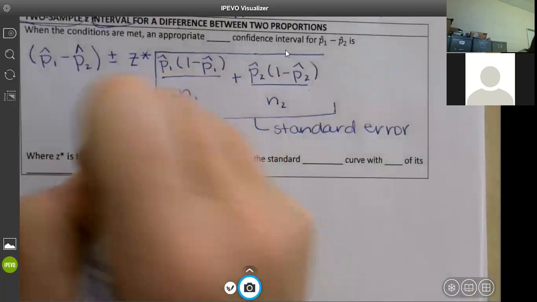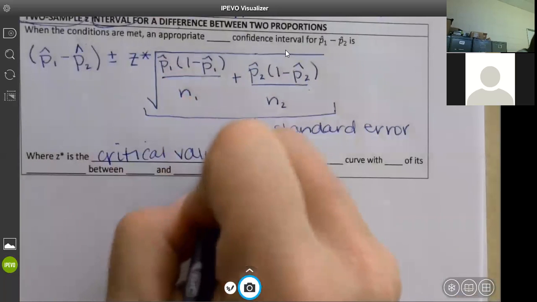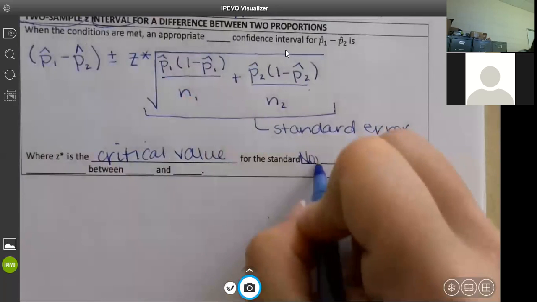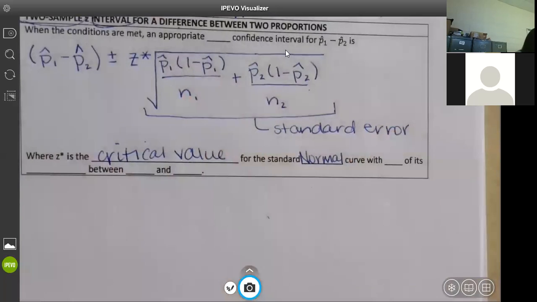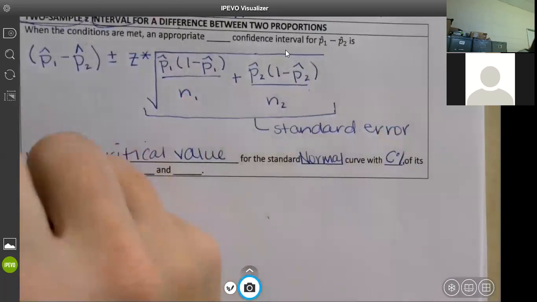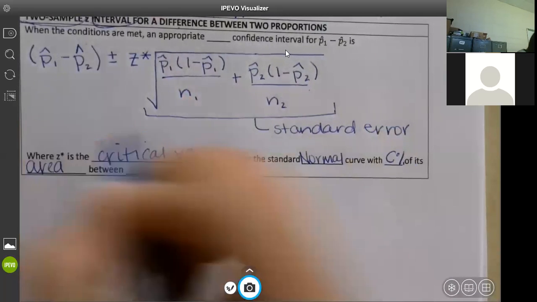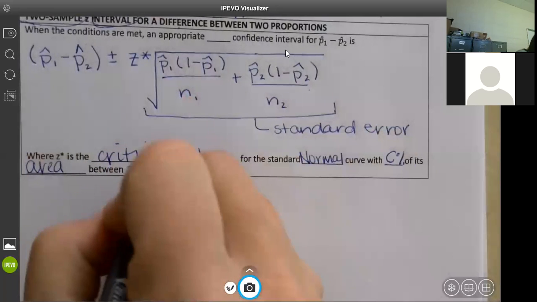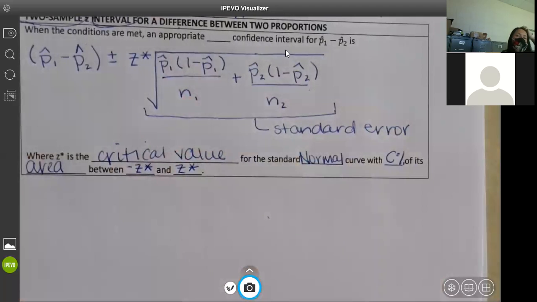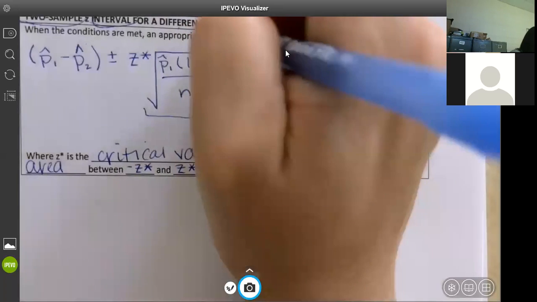So just like I told you, Z star is the critical value for the standard normal curve with C% of its area between negative Z star and Z star. Oh, C% confidence. Sorry about that.